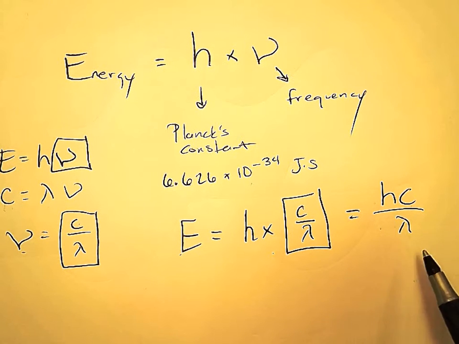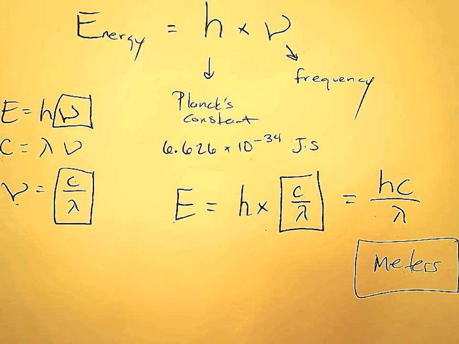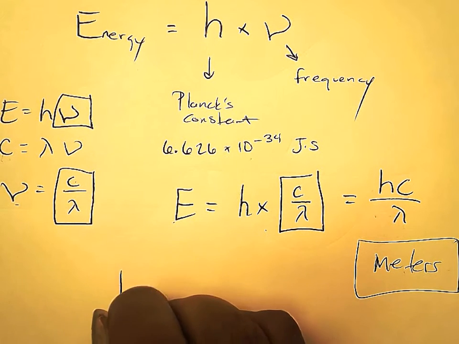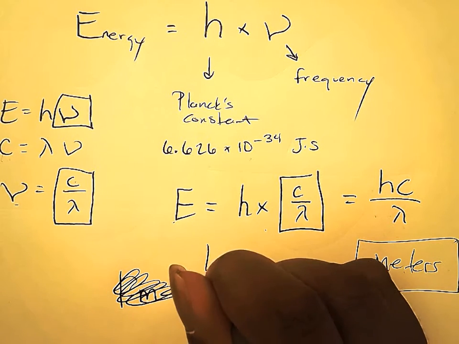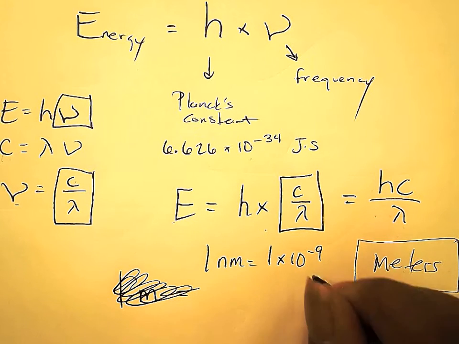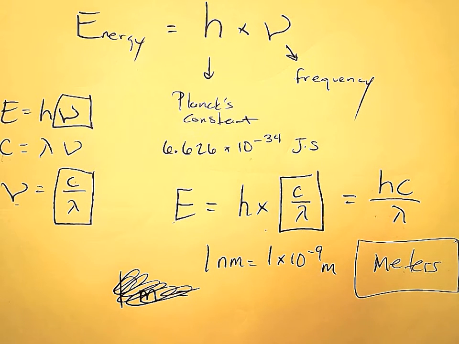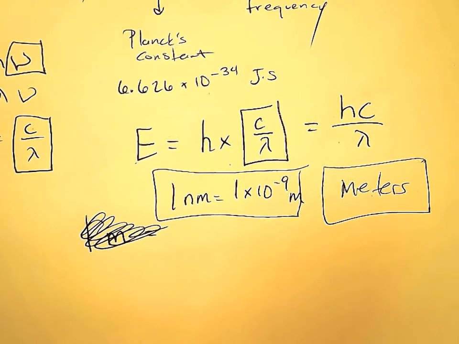Once again, wavelength needs to be in meters though, just FYI. 1 nanometer is 1 times 10 to the minus 9th meters. So that's how you do your energy calculations when we're talking about waves.